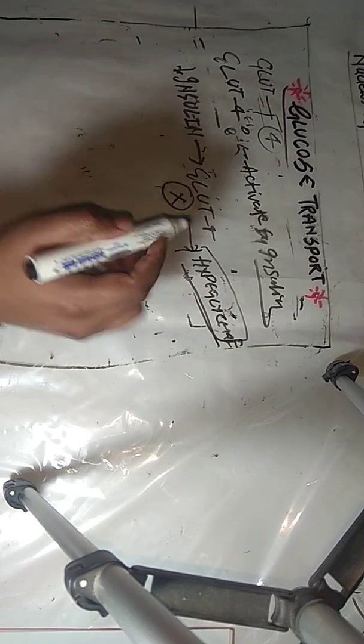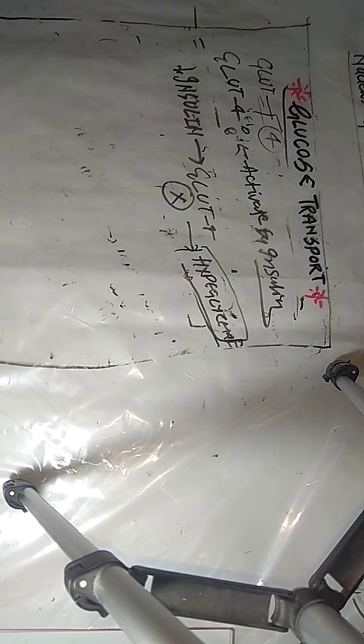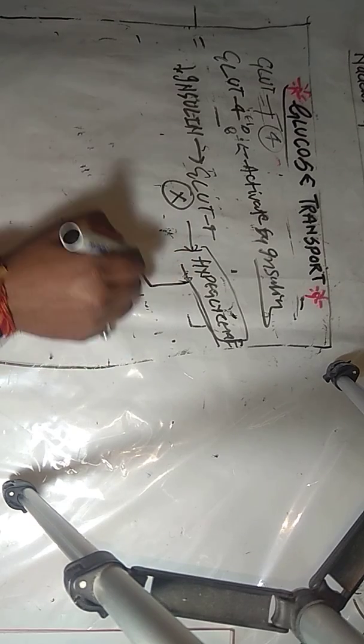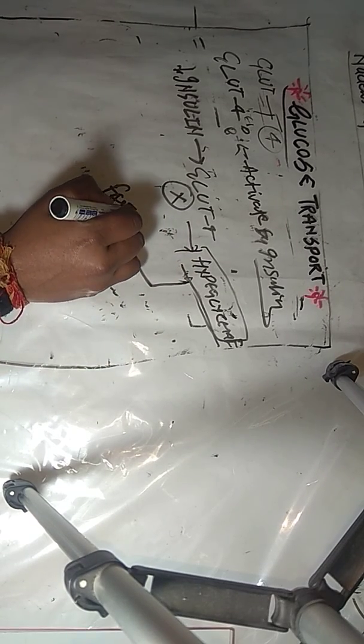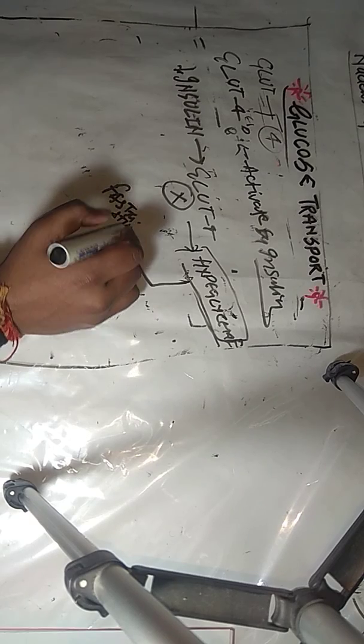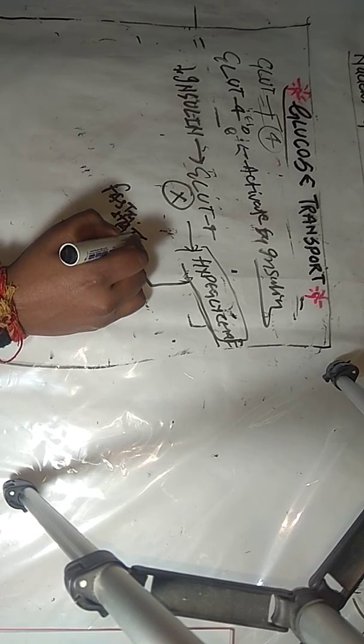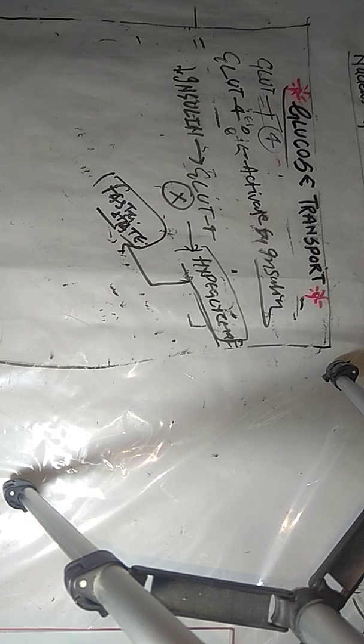There is more glucose in the blood system, so hyperglycemia will occur, and the peripheral tissue will go into the fasting state. So very often we can say the diabetic patient and the person in a fasting condition are almost the same.